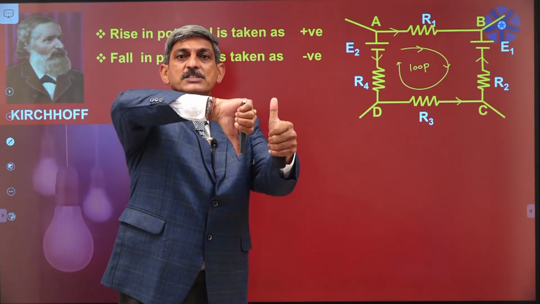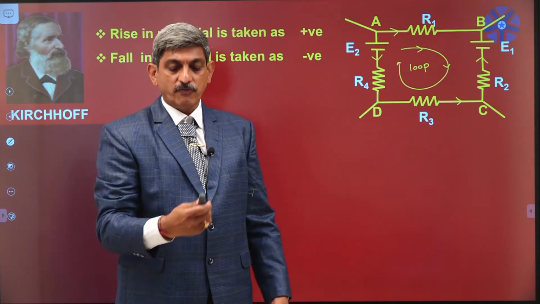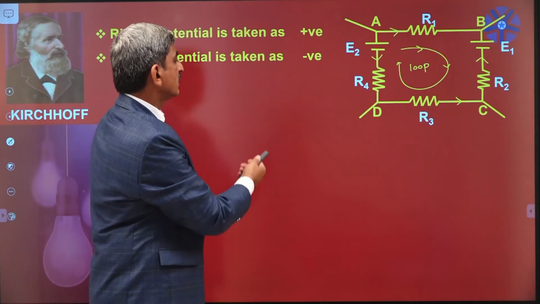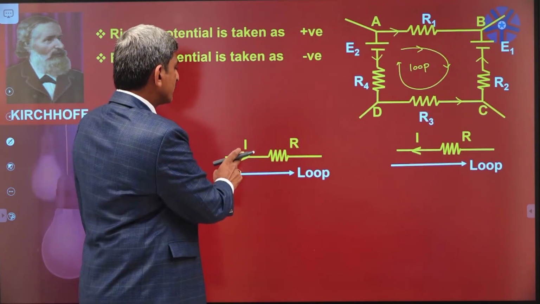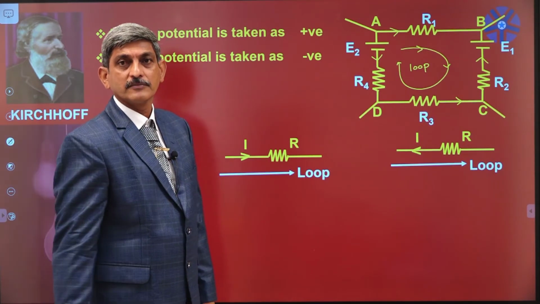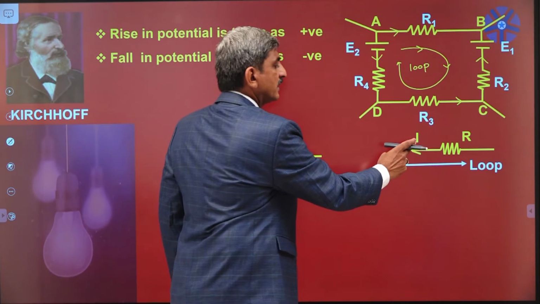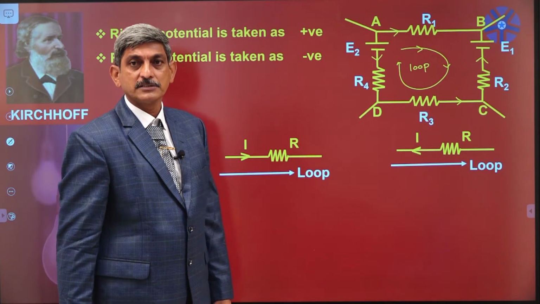Now, in which case do we consider the rise in potential, in which case the fall in potential? For that, see the cases. In the first case, the direction of the current and the loop are in the same direction. In the second case, they are in the opposite direction.